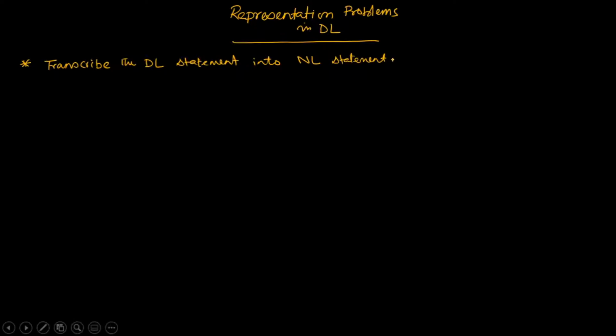Let us take an example to start with. This is the kind of DL expression that we have: human and female and for all has spouse, nothing.